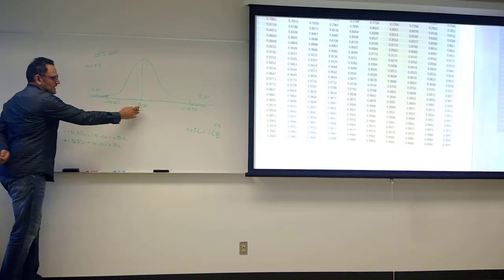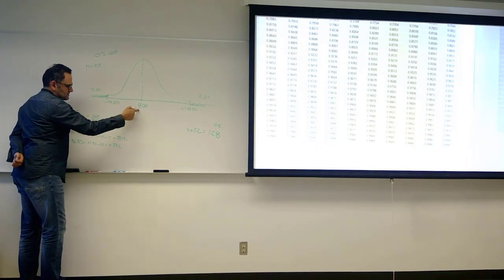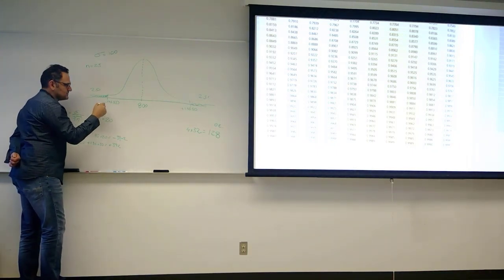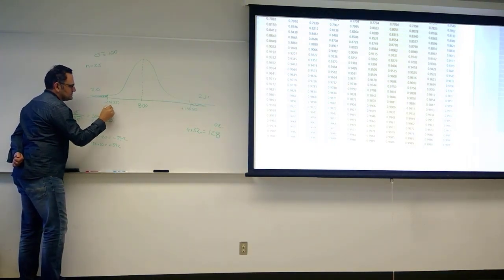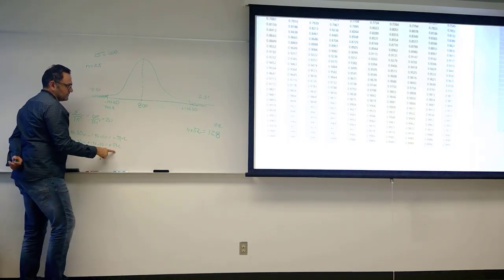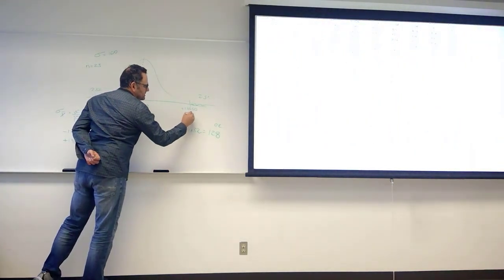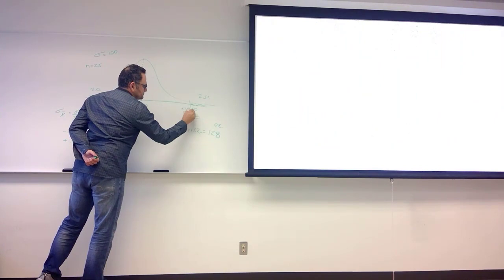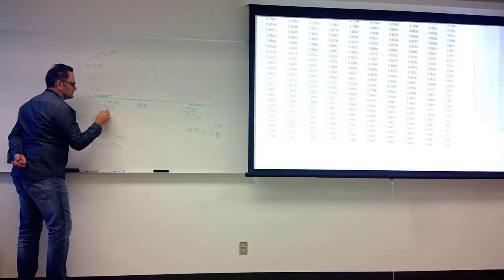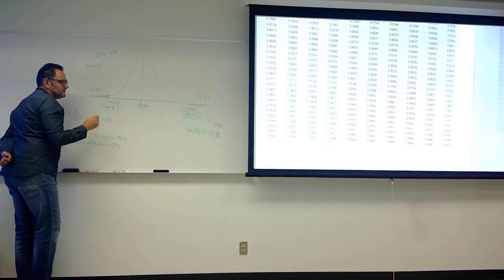So if I take the value of 800, subtract 39.2 from it, which would be 760.8, and add 39.2 to it, which would be 839.2. These are for me the boundaries.